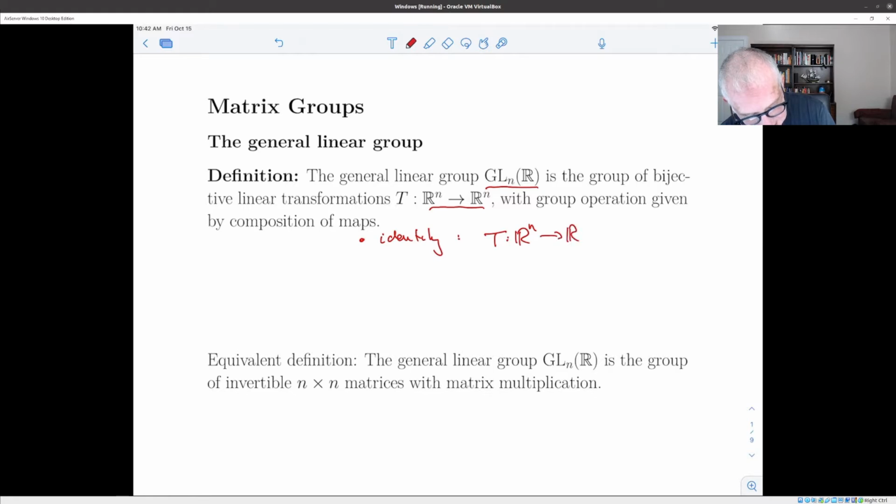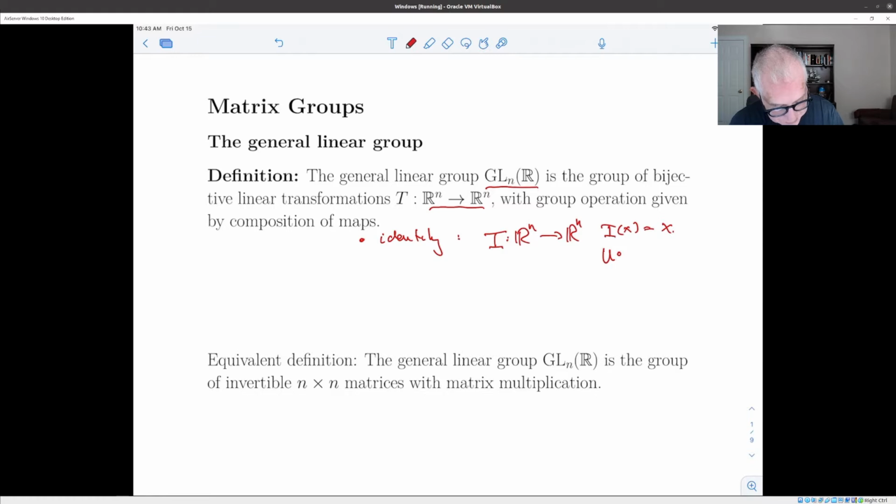The identity map is linear, and so that's our identity map. Because if we have any linear map, let's call it U, composed with the identity. Let me use I for the identity.